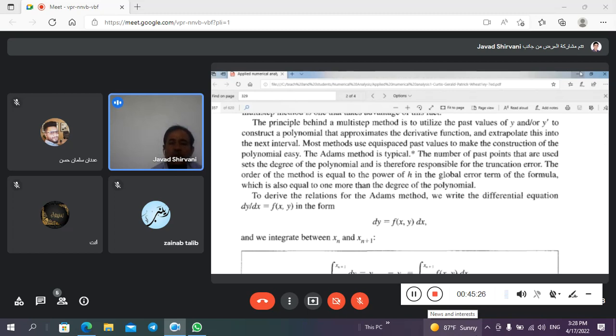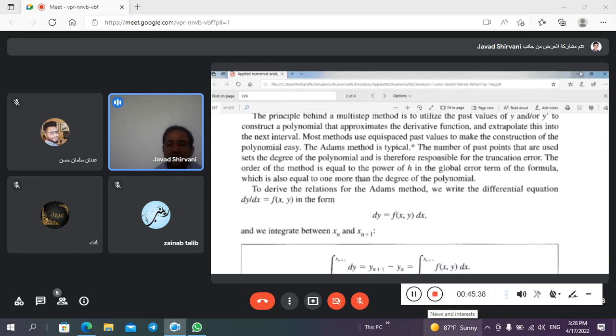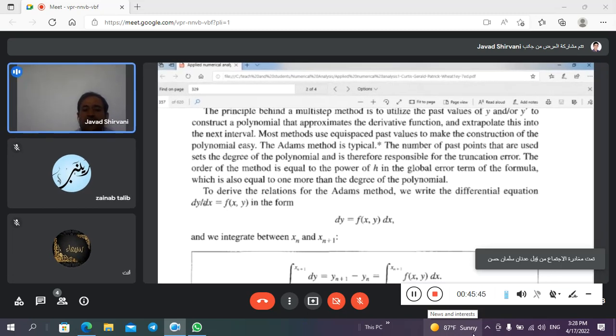To derive the relation for the Adams method, we write the differential equation dy divided by dx equals f(x,y). In the form y prime equals f, or dy, the differential of y with respect to x, equals f(x,y).